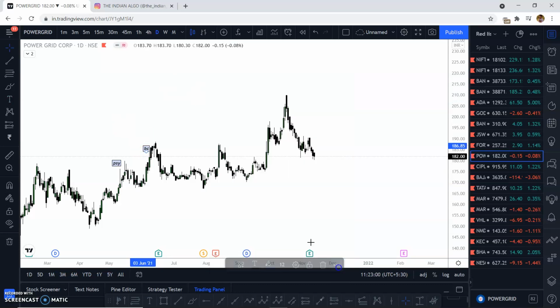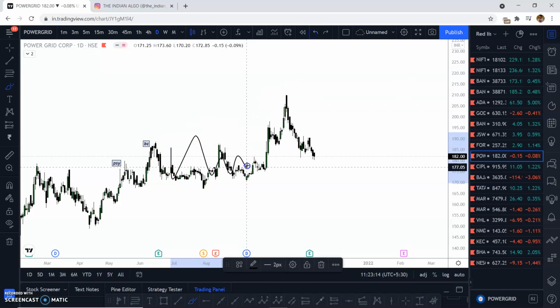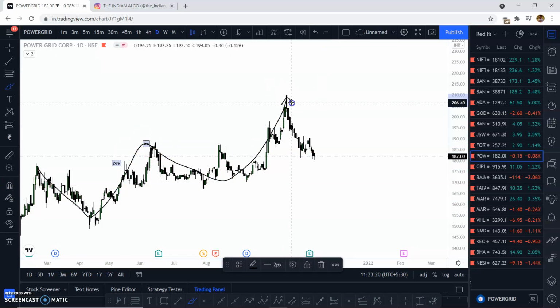This is where the move stops completely, and then what we are supposed to do is wait for the accumulation to be done. Probably it will reaccumulate and move higher, or it will distribute and move lower. As of now, as it is in an uptrend, it is accumulating right here.